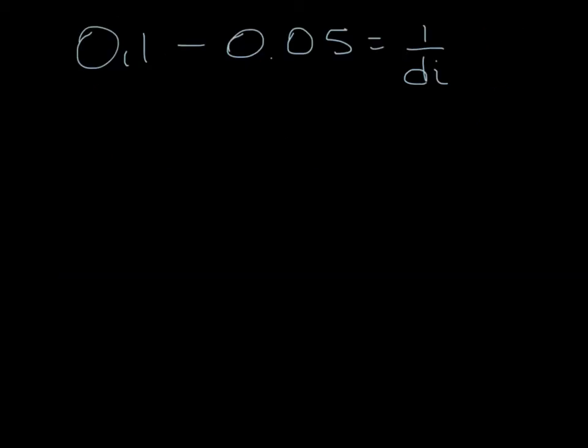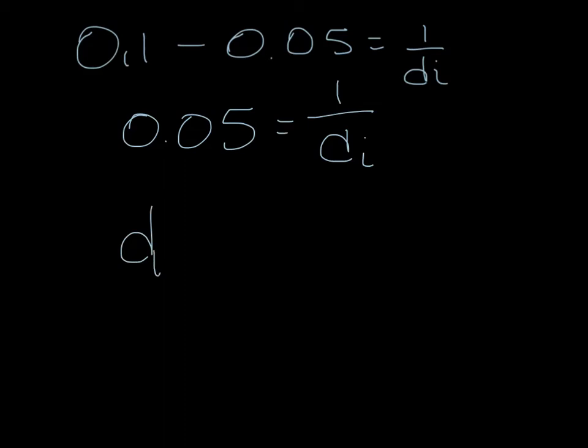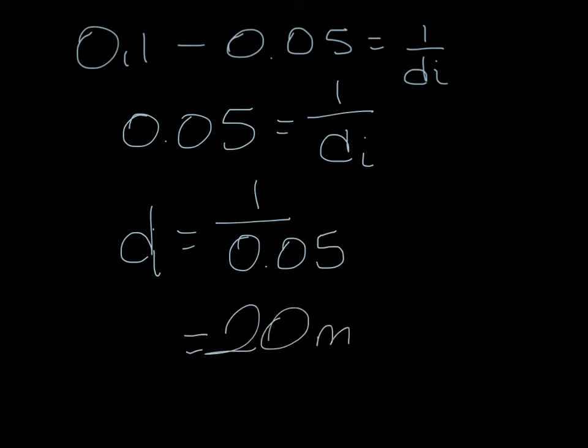So do the math. That gives us 0.05 equals 1 over DI. So that means DI, because now we flip it, is equal to 1 over 0.05, which is 20 centimeters.